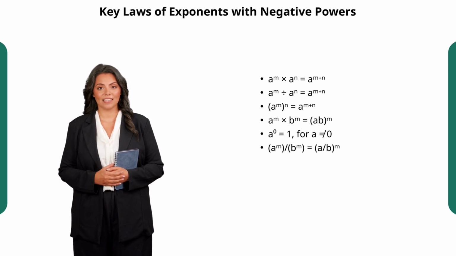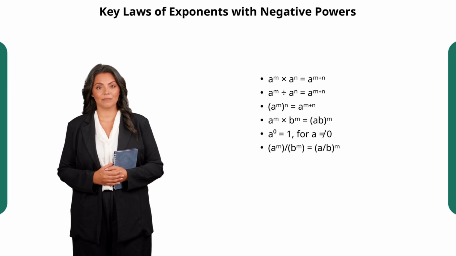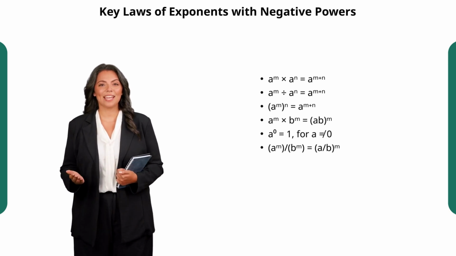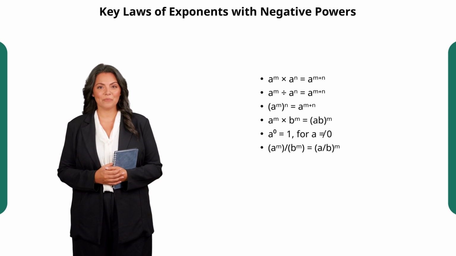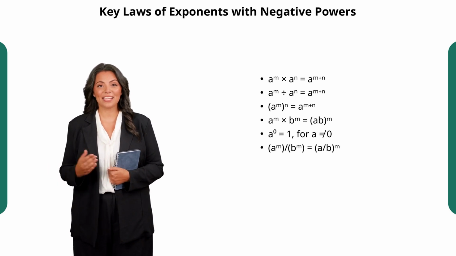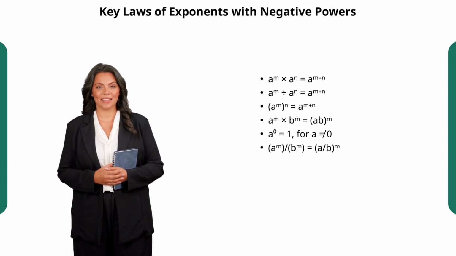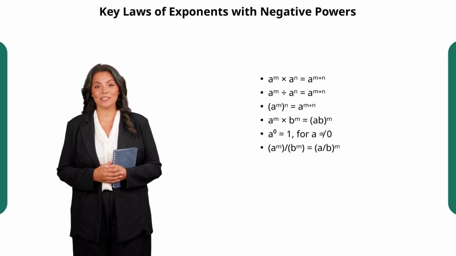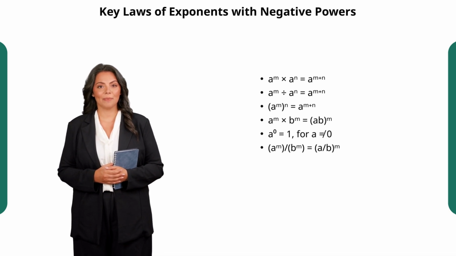Third, raising a power to another power means multiplying the exponents. So, open bracket a to the power m, close bracket to the power n equals a to the power m times n. Fourth, multiplying different bases raised to the same power equals the product of the bases raised to that power.